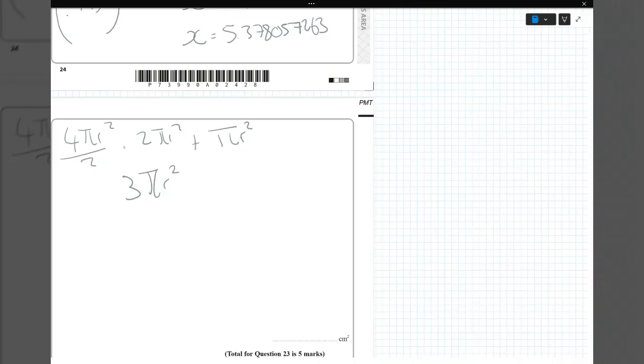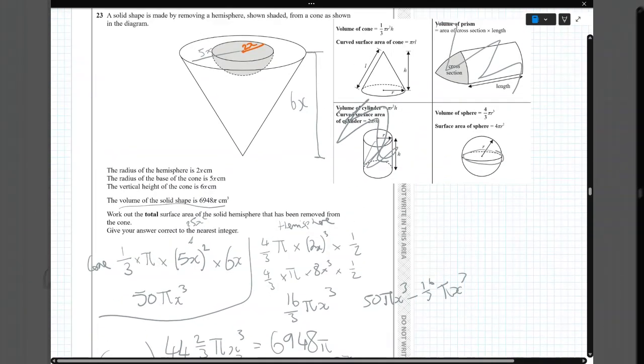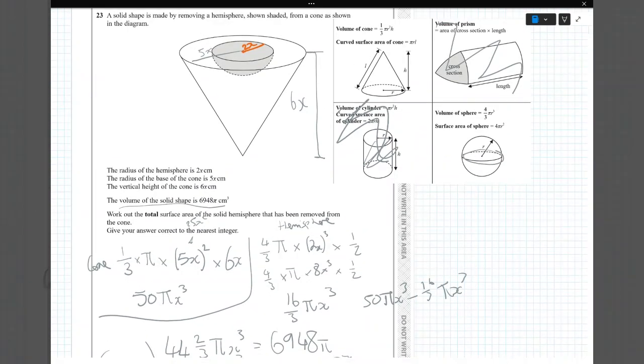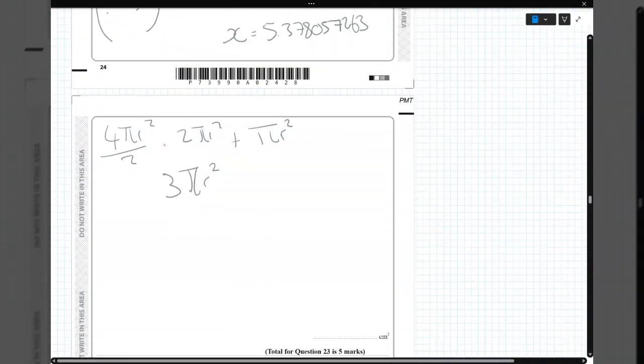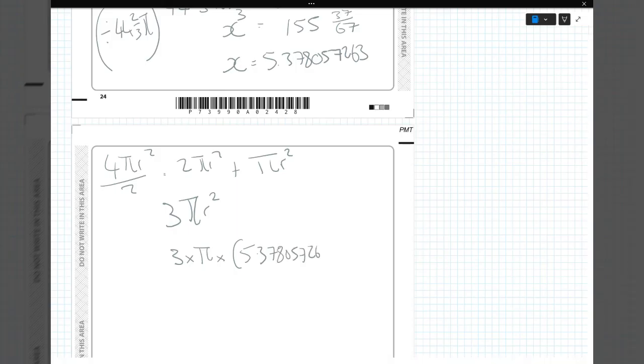I've got my answer in the answer lines. Oh no, it's just done something silly. Okay, I'm going to put it back in my calculator again. Also, going back here, we've got to note that this radius is 2x and not x. So 3 pi r squared is going to be 3 times pi times 5.37805763 times 2 and then squared.